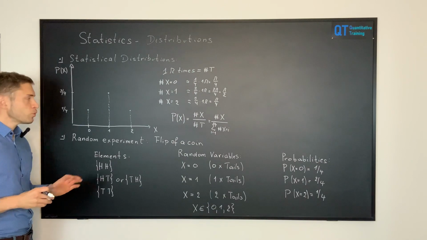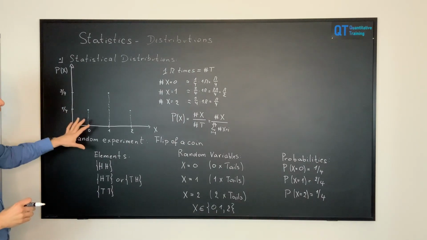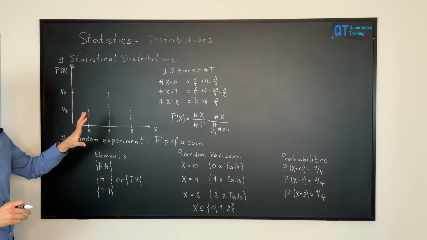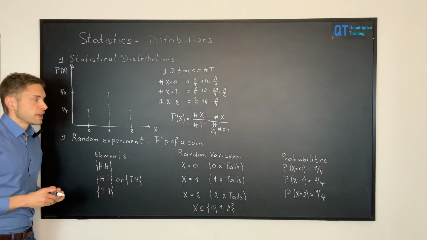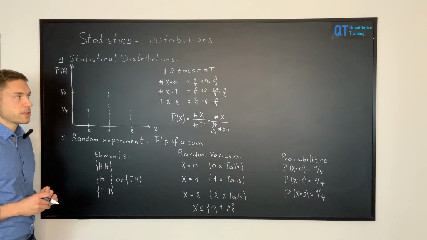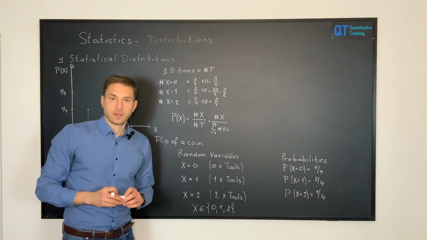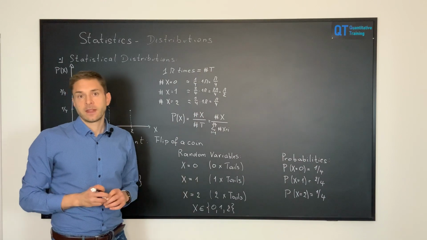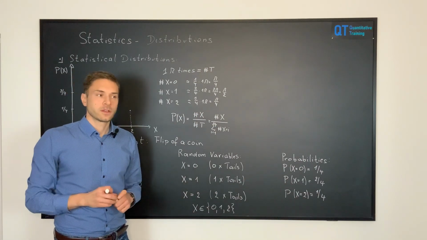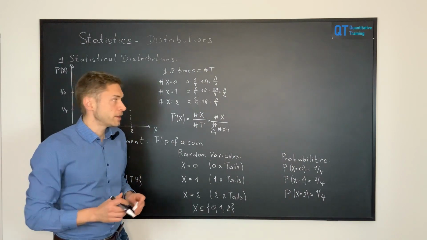So that was a discrete distribution. Let's go over to a continuous distribution. In order to illustrate this, we could imagine another situation, namely the age of different people within a certain population.